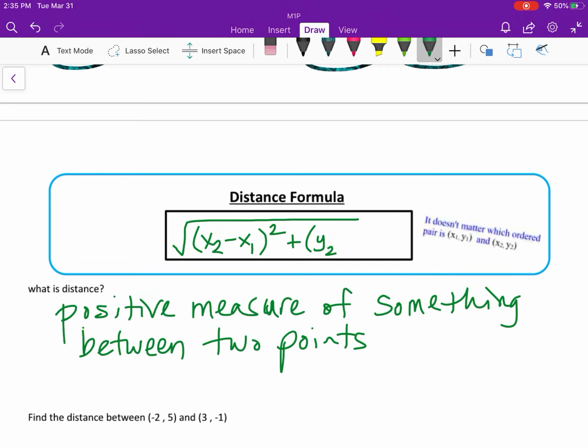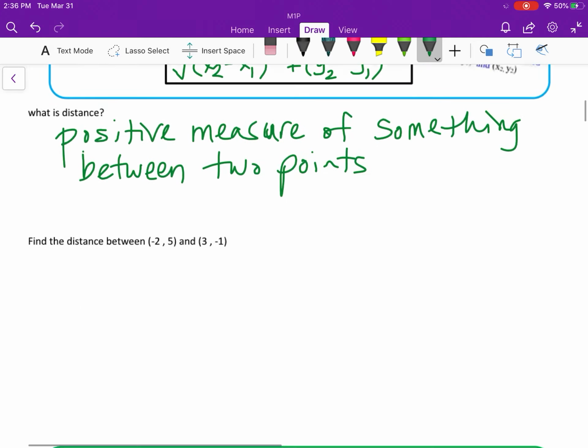Then add on the y2 minus the y1, and then square that. Okay, it doesn't really matter what order you use the x1 and y1 or the x2 and y2 because the square works it out. Just make sure you have the x's and the y's in the right spot.